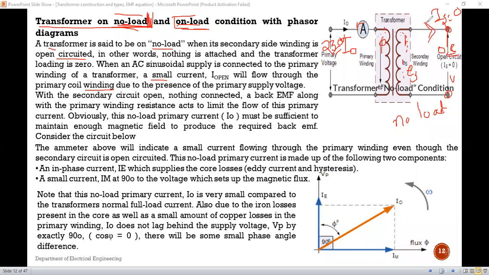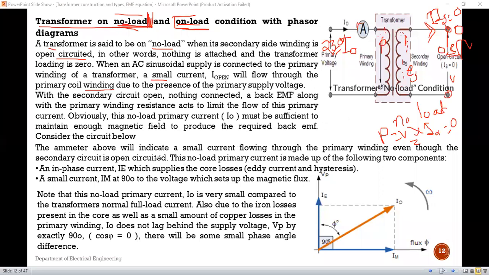But the current is equal to 0, so the power at the output side is equal to 0. P is equal to V into I. व्होल्टेज प्रेझेंट आहे, ओपन सर्किटेड टर्मिनल मध्ये व्होल्टेज प्रेझेंट असतं. So I2 is 0, so the power is 0 because it is not loaded.